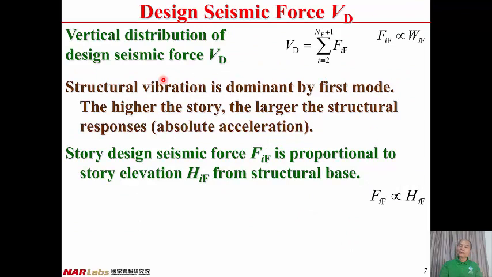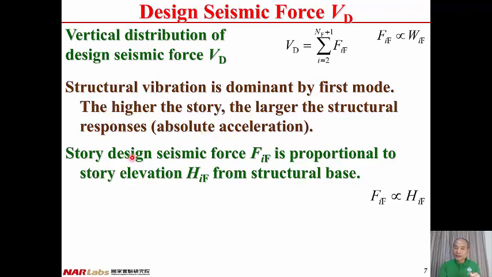And the structural vibration is always dominated by the first mode. Therefore, the higher the story, the larger the structural responses, including absolute acceleration. And inertial force is proportional to absolute acceleration, and seismic force is proportional to inertial force.